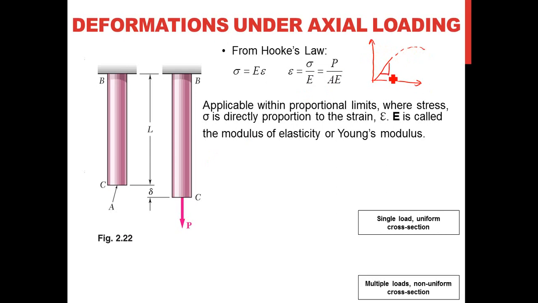The slope E can be represented by E equal to stress over strain, and then we can rewrite that the stress is equal to E epsilon. So that's how we obtain the stress equal to E epsilon.